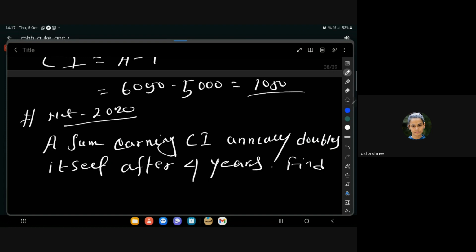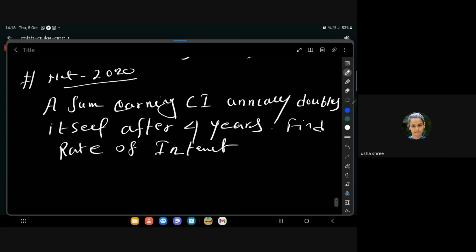Find the rate of interest. So this is the maximum hard level they will ask you. Beyond this, they will not ask any question that is too hard.